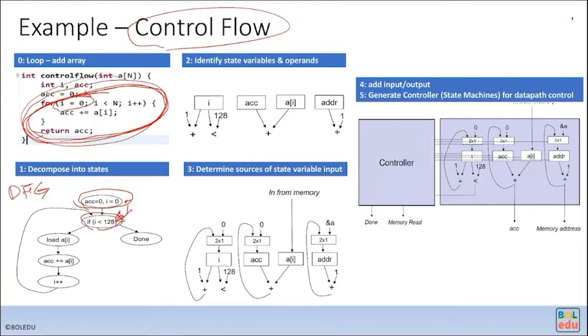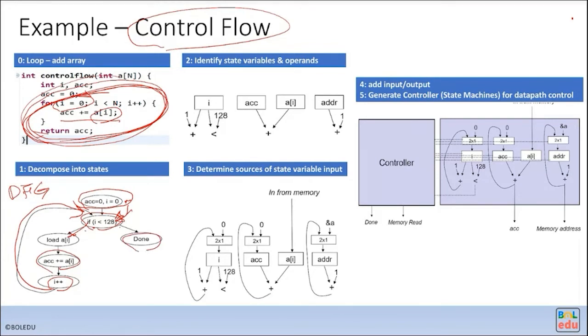Okay. And then inside the loop, you want to load the A array, and then you want to add, and then increment i, the index, and then come back. If the index i reaches its limit, then it's done.